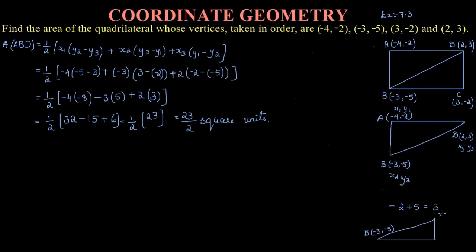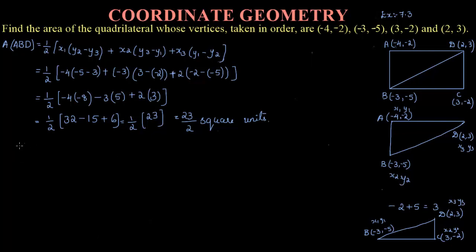Right? Then D is having the coordinate 2, 3 and C is having the coordinate 3, minus 2. Okay, so let this be x1, y1. Let this be x2, y2. This one, let it be x3, y3.